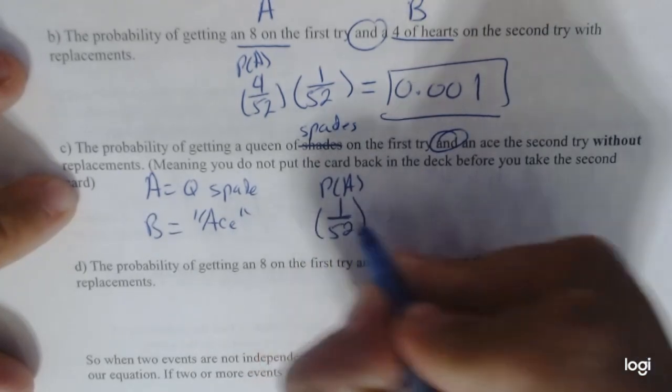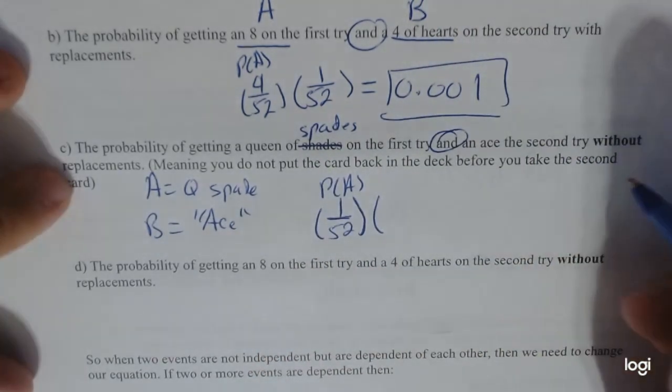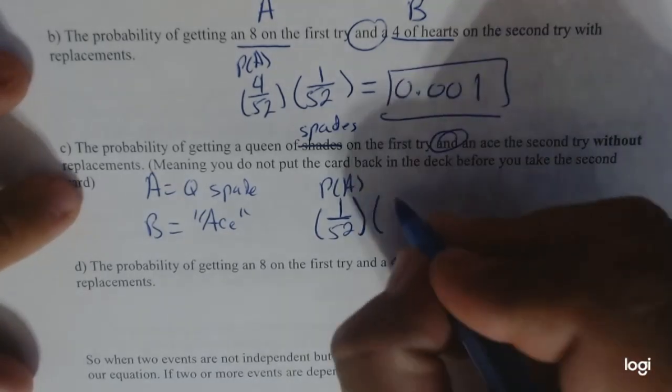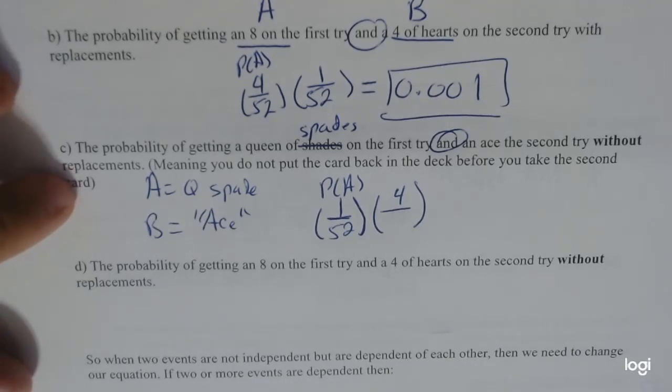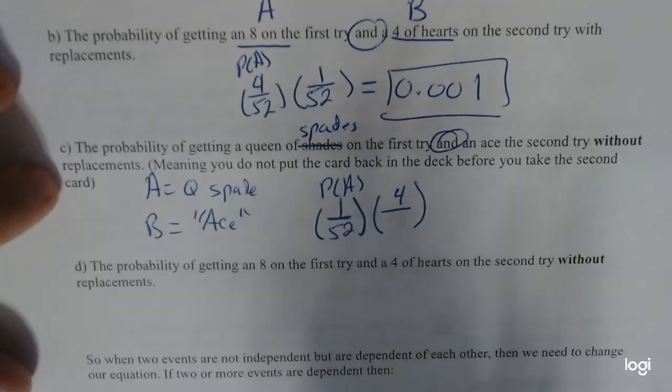Now this is what we're thinking about. Next one is aces. There are 4 aces. But how many cards are left over? It says without replacements, meaning you don't put the card back in the deck when you take your second try. So I have my deck of cards, I have the queen of spades in my hand, and I put it to the side.